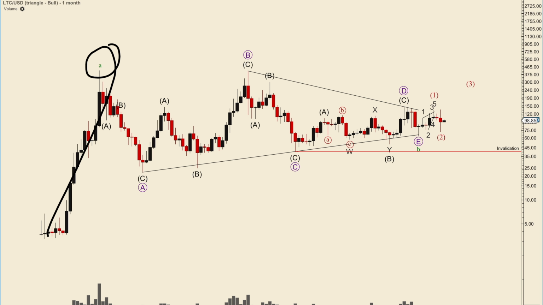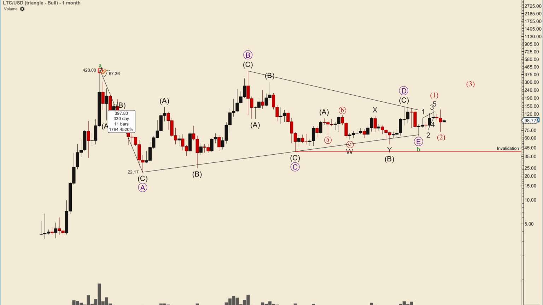And here in a triangle, it's pretty interesting because the way you take profit when you are dealing with a triangle is that you draw a line from where the triangle started, and also the wave A, if I put it like that.